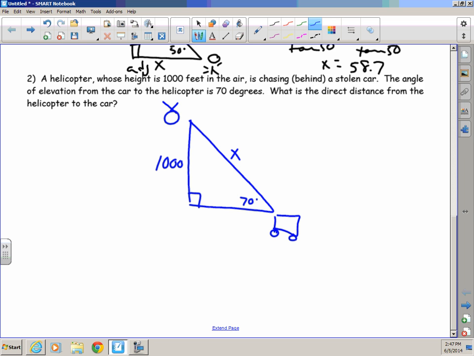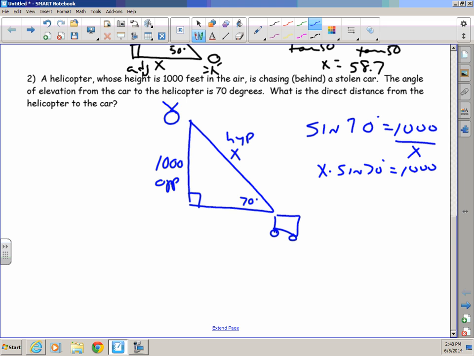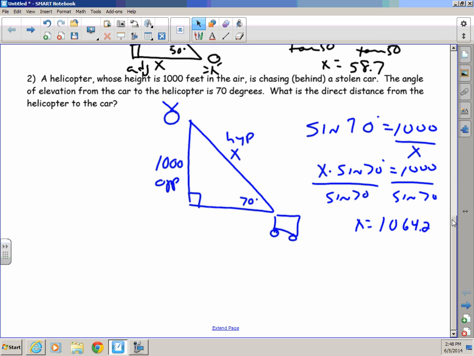That's the hypotenuse. That's the direct distance, B line. I've got opposite, hypotenuse, sine of 70 equals 1,000 over x. We cross multiply. Then we still need to divide. X is 1064.2. Okay? Moving on.